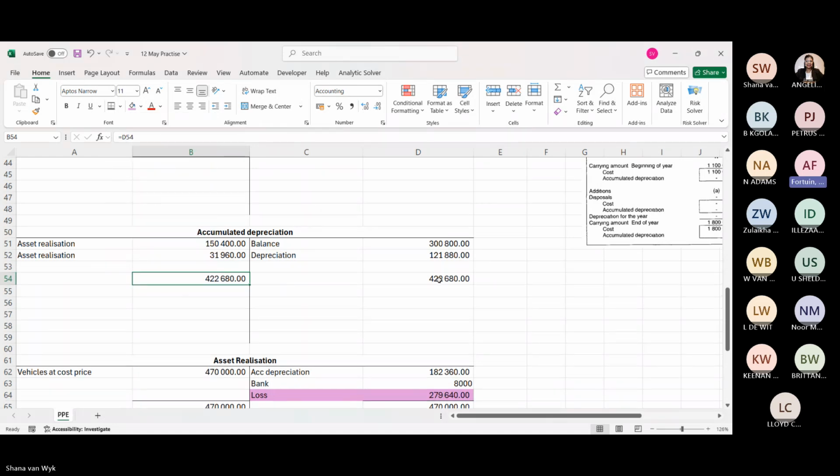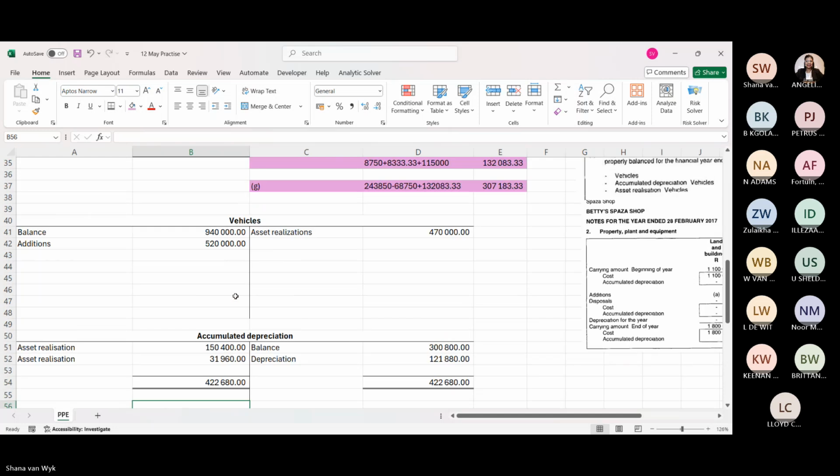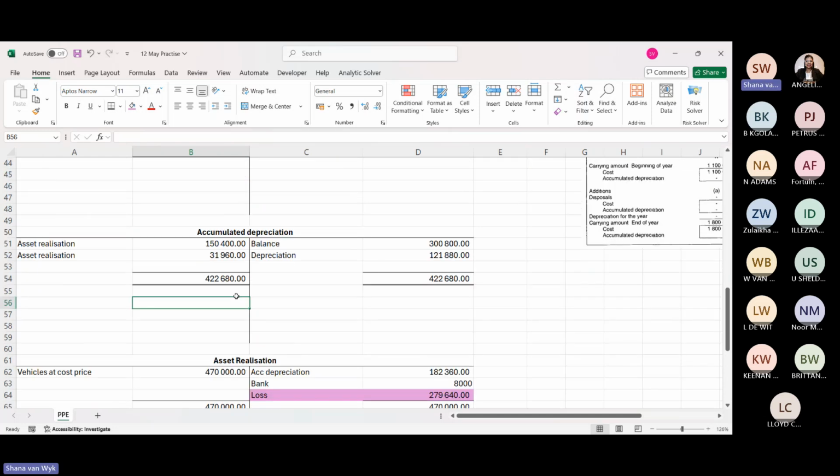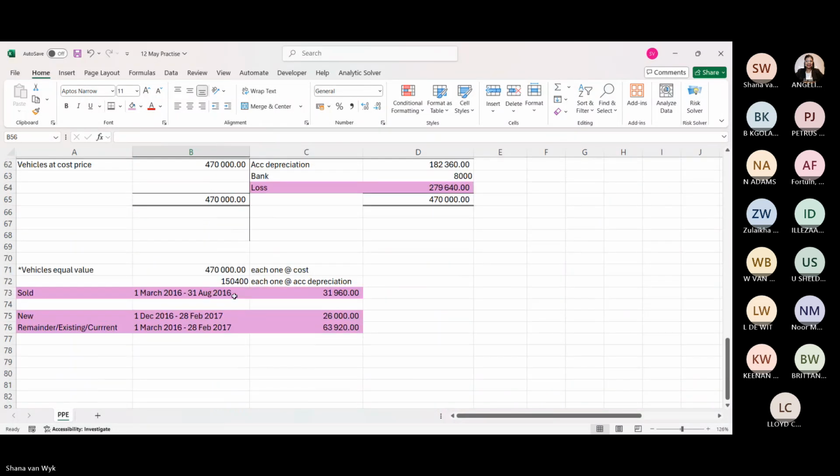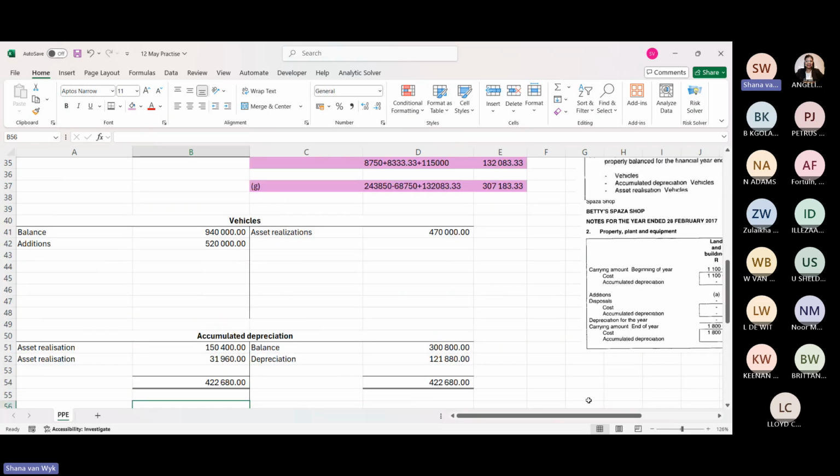What's the carrying value of this asset now? Of the vehicle account? So we must put it in our blockies.